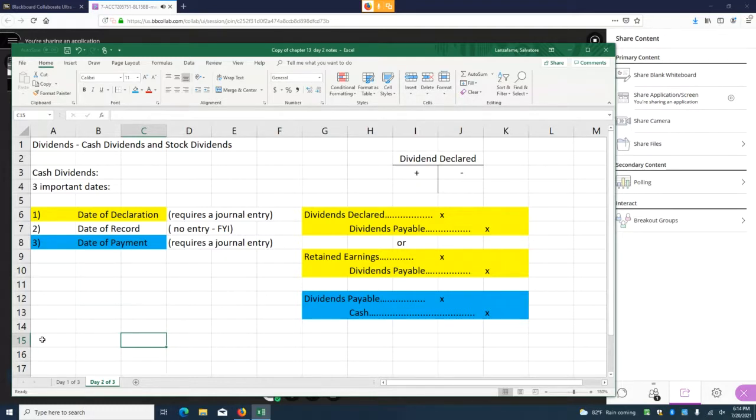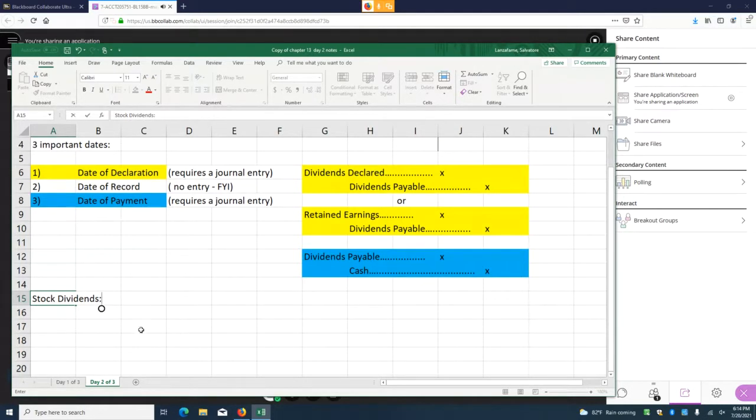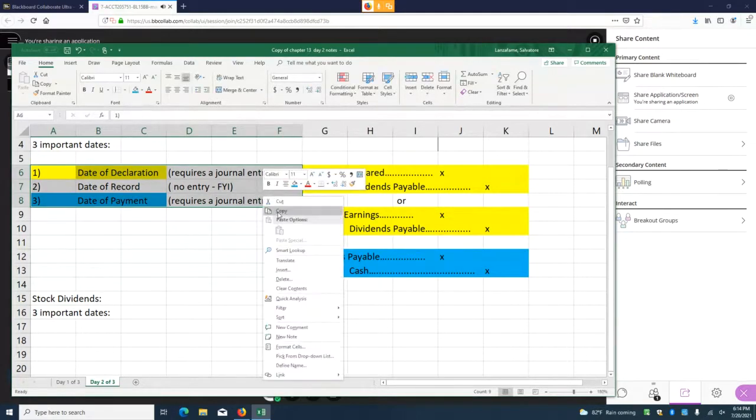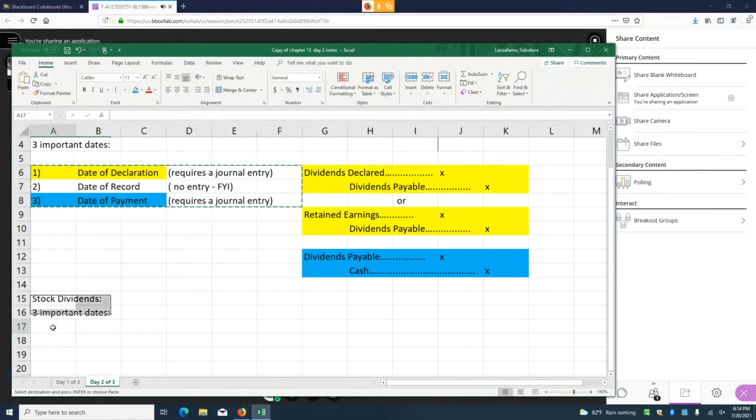All right, now let me give you stuff on stock dividends. And just like in cash dividends, there are 3 important dates. And they're pretty much the same as they were for the cash dividends.